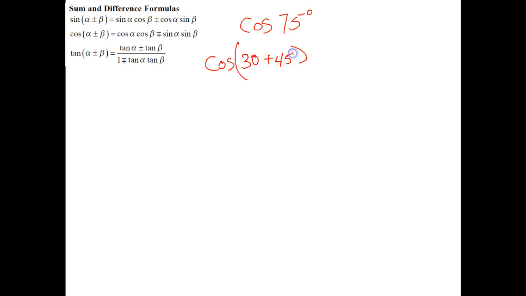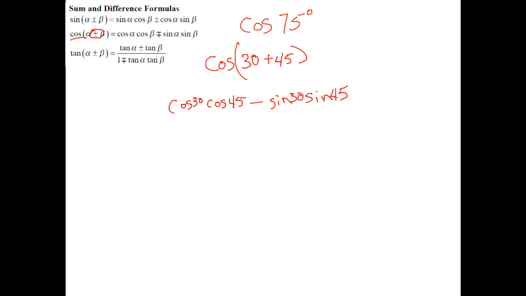Then we look at our formula. We're looking at cosine here, and we want plus. So when you have some angle alpha plus some other angle beta, that's the same thing as cosine of 30 times cosine of 45 minus sine of 30 times sine of 45.